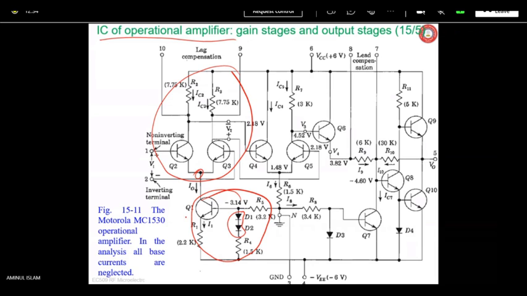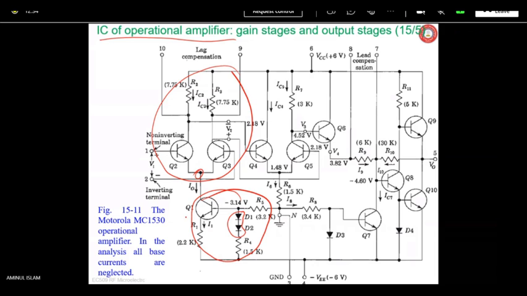So the resistance looking into each base is half this value, or HIE. This result follows from the equivalent circuit of 15.7b. We have already discussed this one, 15.7b.